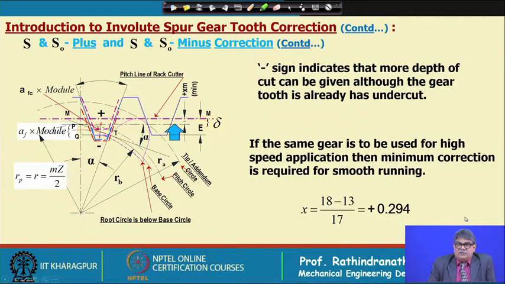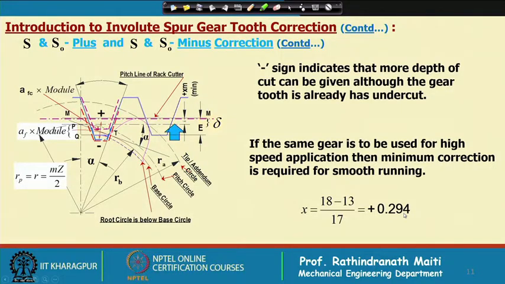In normal practice, in industrial gearboxes, a tooth number below 17 in case of a 20 degree involute is not used, if it is a straight tooth spur gear at all. If it is a helical gear, then we can perhaps go for 14 or 15, because there the amount of correction, although complicated to calculate, we can roughly say we have to consider the formative number of teeth, which is Z divided by cos cube of the helix angle.